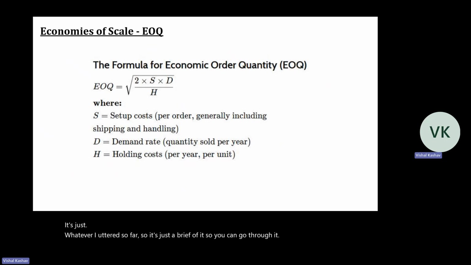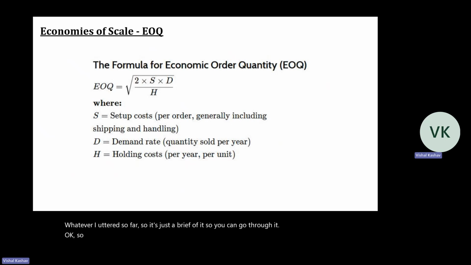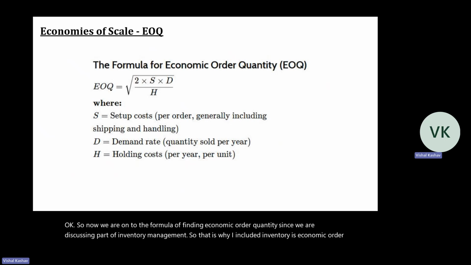Okay, so now we are on to the formula of finding economic order quantity, since we are discussing part of inventory management. So that is why I included the economic order quantity formula. So what does this formula indicate?